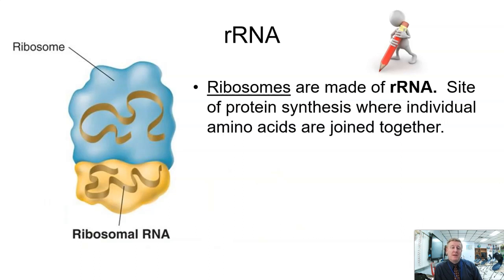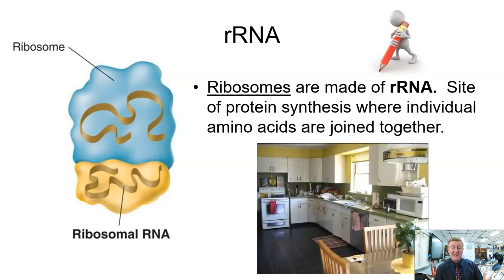Then the second part is ribosomal RNA, or the ribosome, rRNA. Ribosomes are organelles, and we said back last fall that the ribosome is the site of protein synthesis. This is where individual amino acids get put together. This is the location in the cell where the monomer amino acids get connected together to build and actually make the protein.